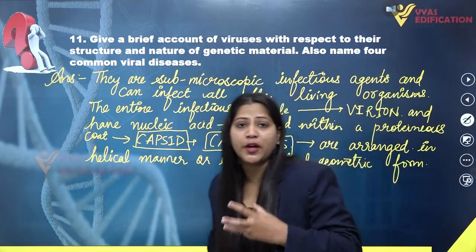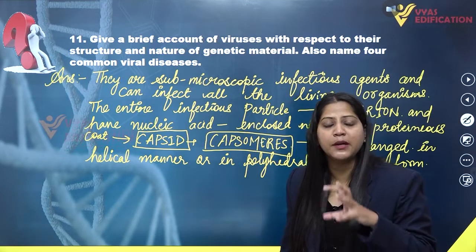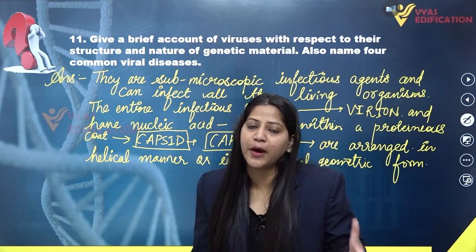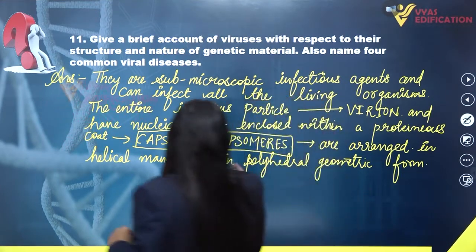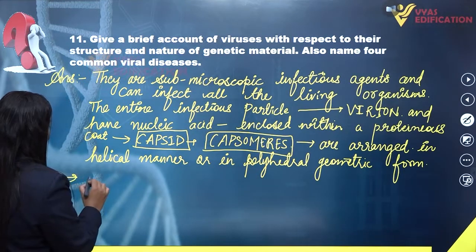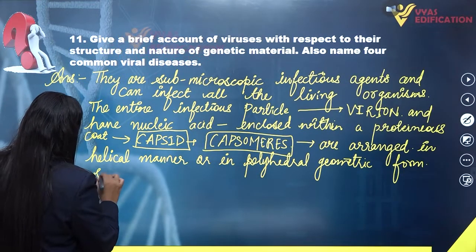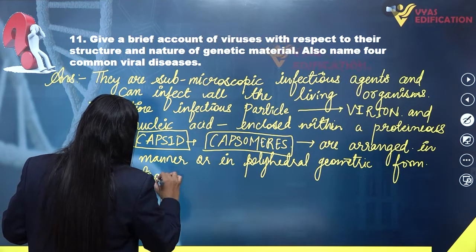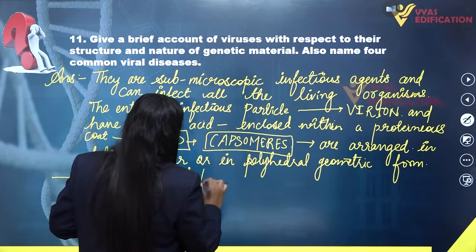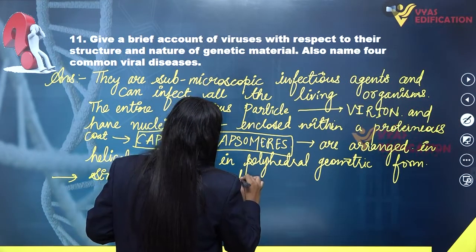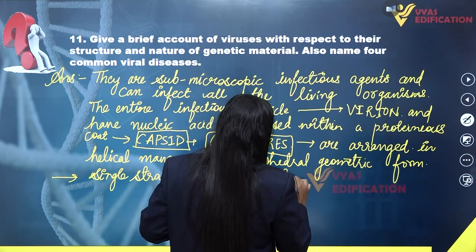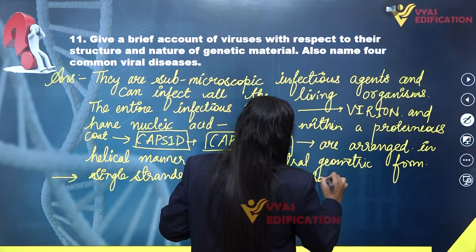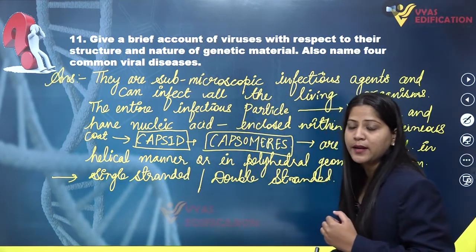If we talk about the genetic material in them, genetic material can be different in different types of viruses. So if we talk about the nucleic acid, it can be single stranded, or it can be double stranded, depending upon the type of virus.